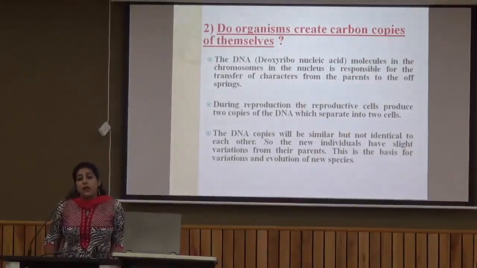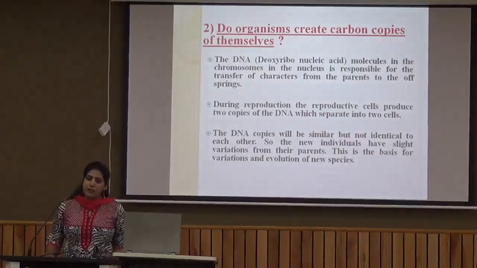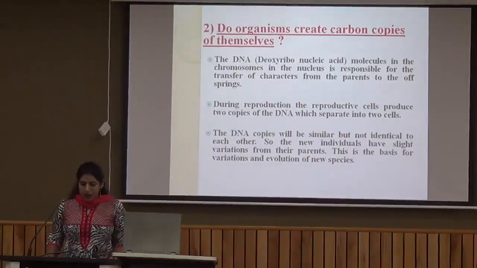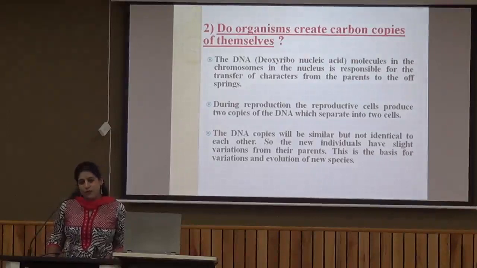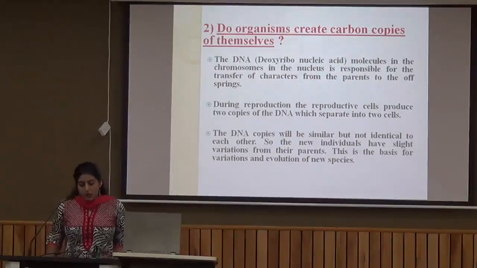That means the information which is required for the formation of the offspring is transferred in the form of DNA to the offspring. During reproduction, the reproductive cells produce two copies of DNA which separate into two cells. The DNA copies will be similar but not identical to each other, so the new individuals have slight variation from their parents. This is the basis for variation and evolution of new species.